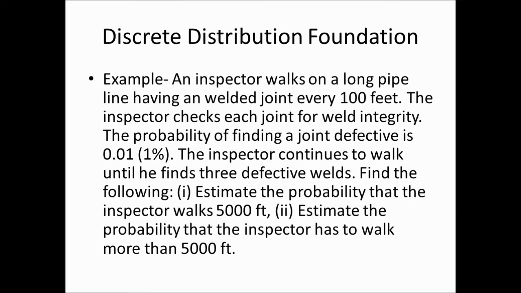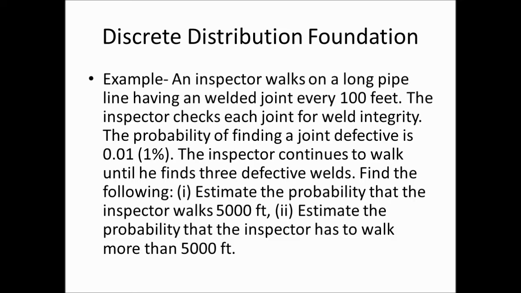So let's look at an example, which, depending on the objective or the basic question, will take you from one distribution to another. The problem statement is as follows. An inspector is walking along a long pipeline. It has a welded joint every 100 feet.